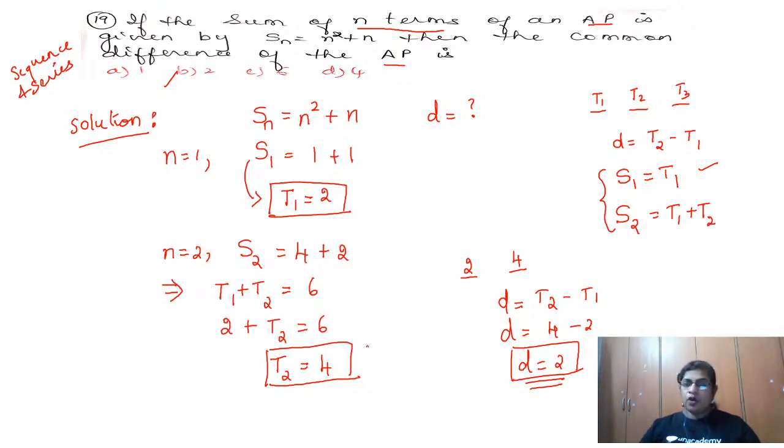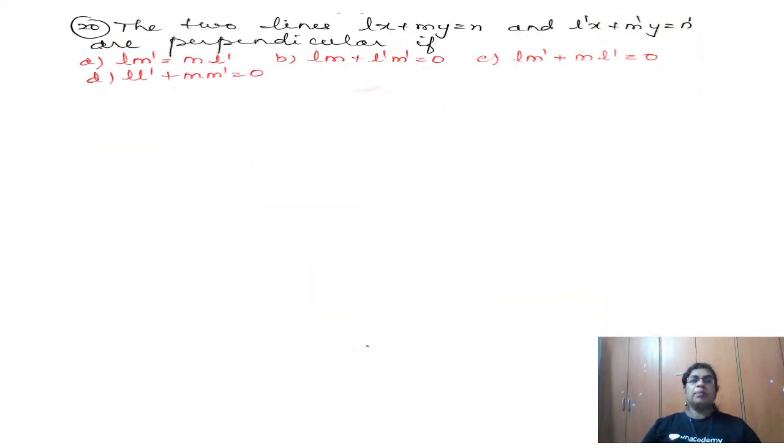Okay, we go on to the next question, question number 20. So what is this question telling us? Let us read the question first. The two lines Lx plus My is equal to n and L dash x plus m dash y is equal to n dash are perpendicular.